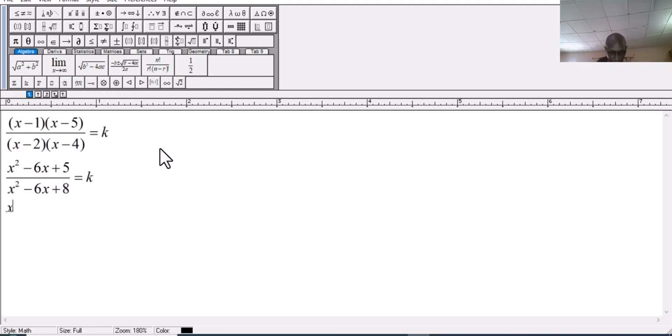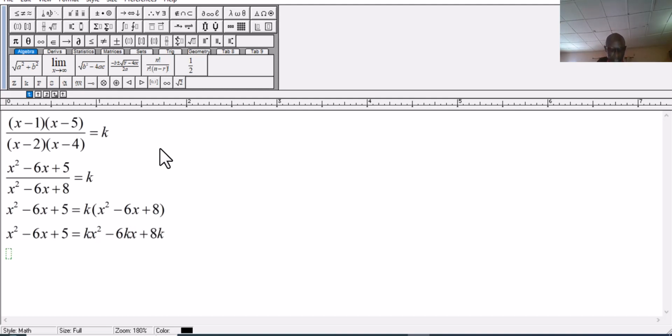So we have x squared minus 6x plus 5 equals k times (x squared minus 6x plus 8). Let's simplify it better: x squared minus 6x plus 5 equals kx squared minus 6kx plus 8k.